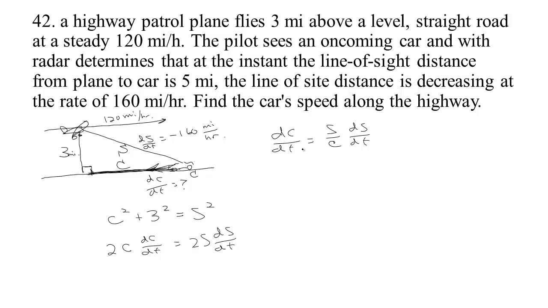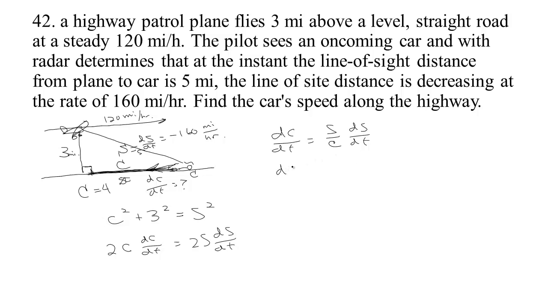Good. Now we know at this particular instant, when he measured this rate, that c was 5, right? Oh no, that s was 5. So we know that s was 5. That's good, because this would be a 3, 4, 5 right triangle. So at that instant when it was measured, c was 4.